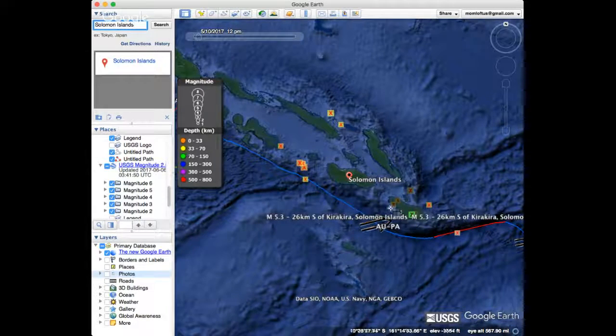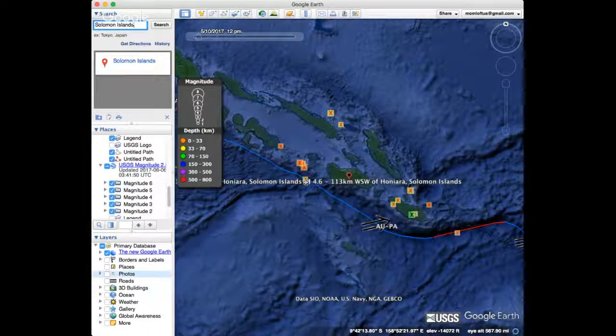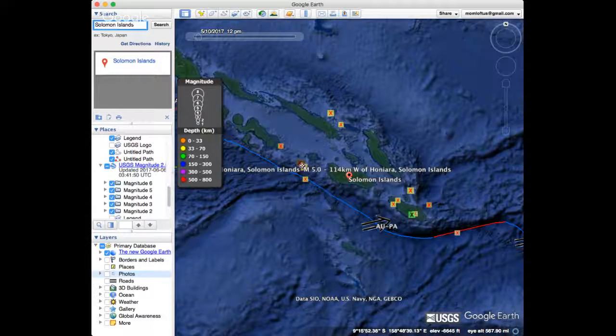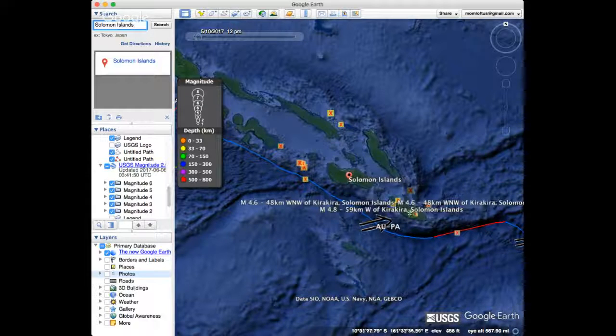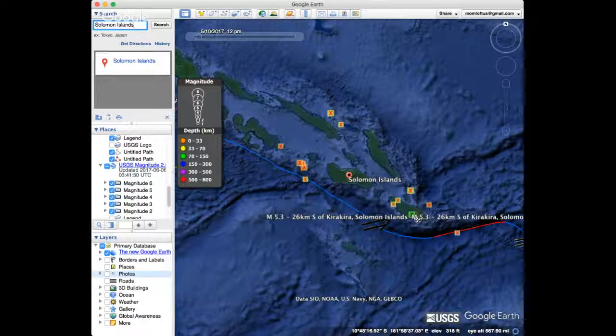But the ones that are closer to that trench, right along this lower curve, those are in the 5s and the upper 4s. So they're stronger then. Yeah, it looks like the magnitude's bigger the closer you are to the trench.